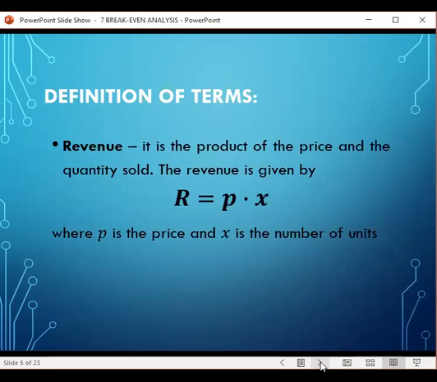What is the revenue? Let me repeat. The price of a cup of coffee is 50 pesos and there is an order of 10 pieces. What's the revenue? Very good. That is 500. This is 50 multiplied by 10. The revenue will be 500 pesos.